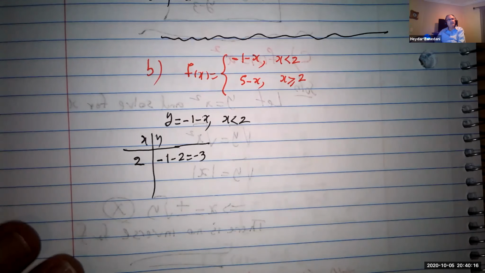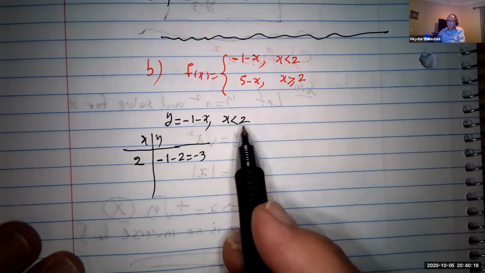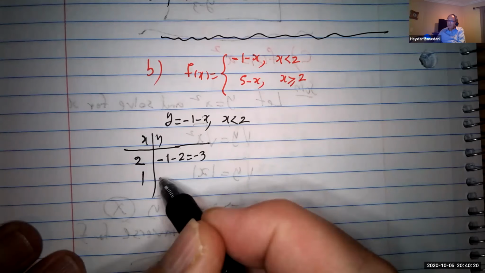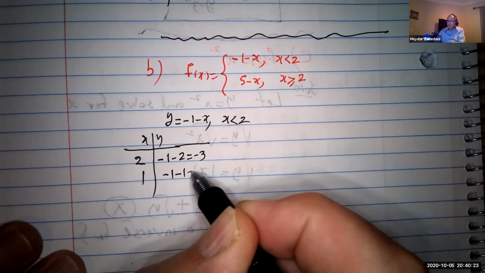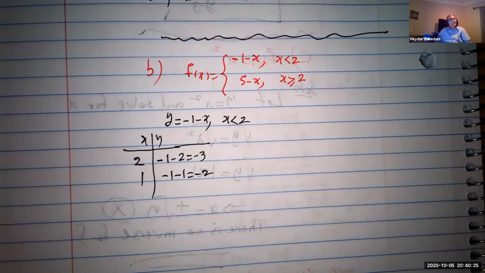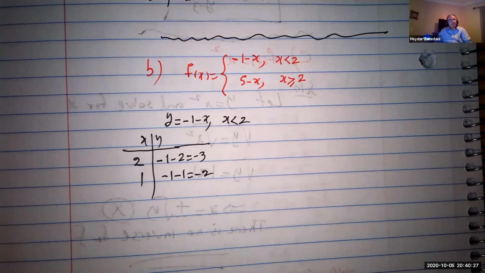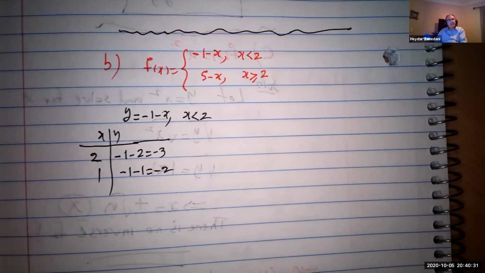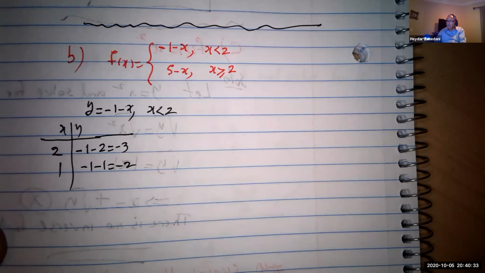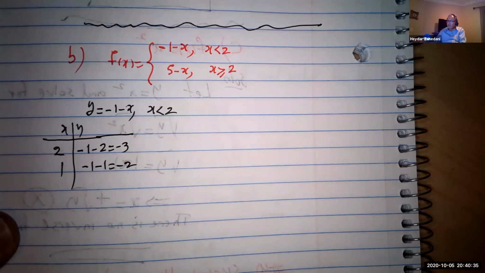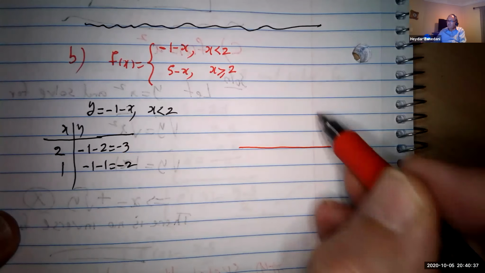That's the first part. Something less than 2, like 1: negative 1 minus 1 would be negative 2. Question. So identify this part and get the graph of this part to see what's going on.